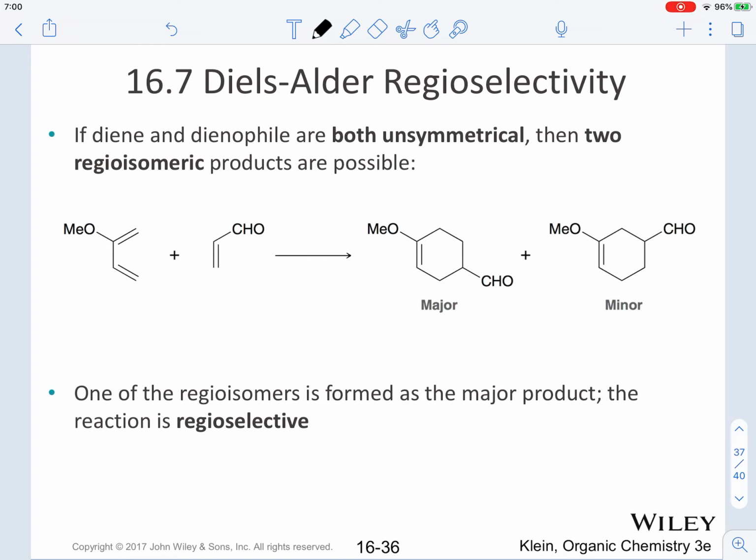Now, if the diene and the dienophile are both unsymmetrical, then you have two regioisomeric products possible. As you can see in the following example, we have a diene that has a substituent and a dienophile that has the electron withdrawing group. We are going to have a major and a minor product because these regioisomers are formed with a regioselectivity.